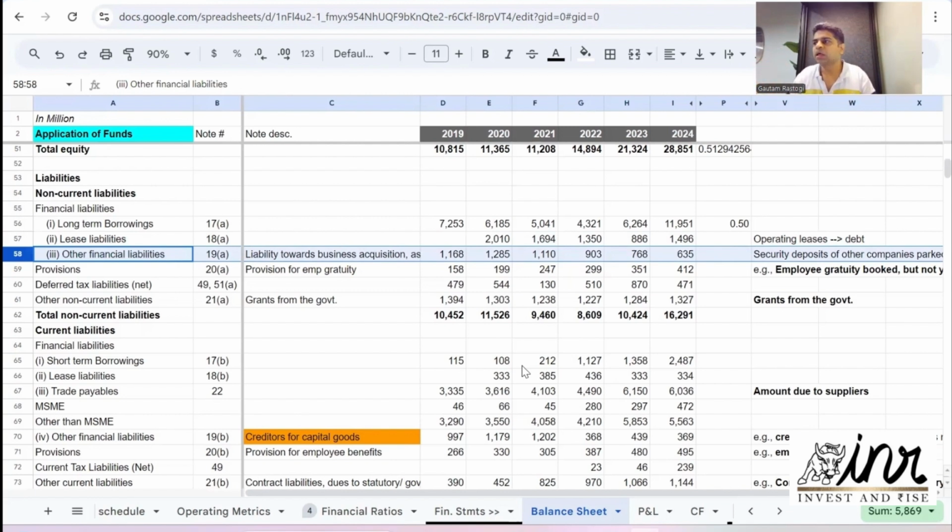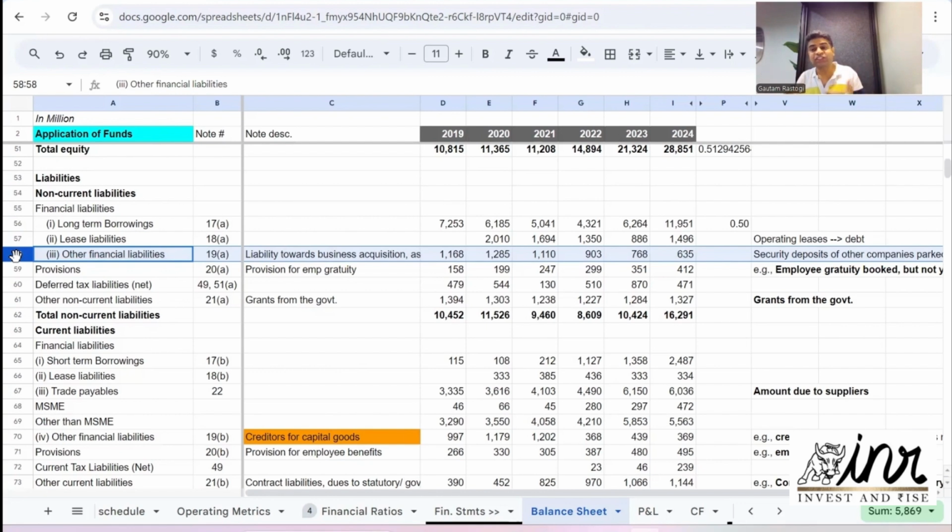Let's say in a hospital, someone with a food catering business or cafeteria wants to set up a shop within your premises. They say, okay, this is what you want to provide to our patients in terms of food, but you need to give us a security deposit, and then you can set up a small shop in this area. So that deposit that you would receive from that cafeteria owner to set up a shop within your premises would fall under other financial liabilities.